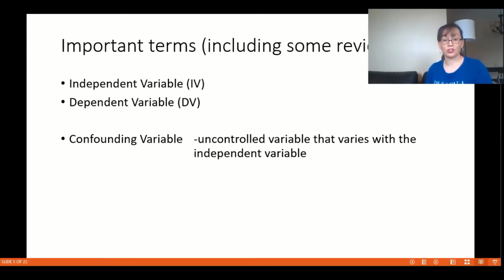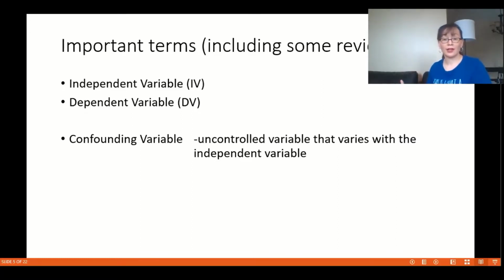We can imagine that we're looking at this particular situation, and we have two different groups. We have a confounding variable, which maybe we aren't aware of and don't think of at the time. Once we measure our dependent variable and run our statistics, we're going to be comparing these two groups, and we want to say something about how the manipulation we made of our independent variable influenced the dependent variable.